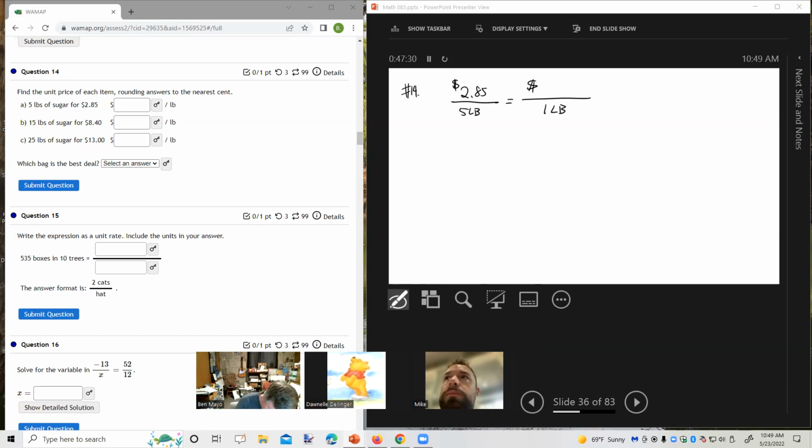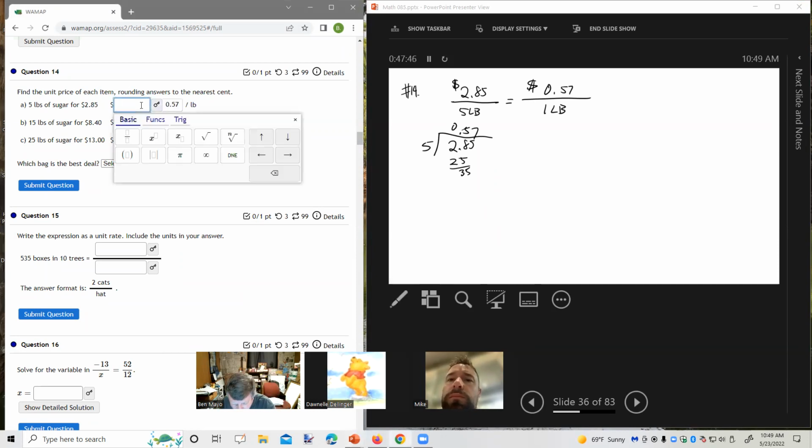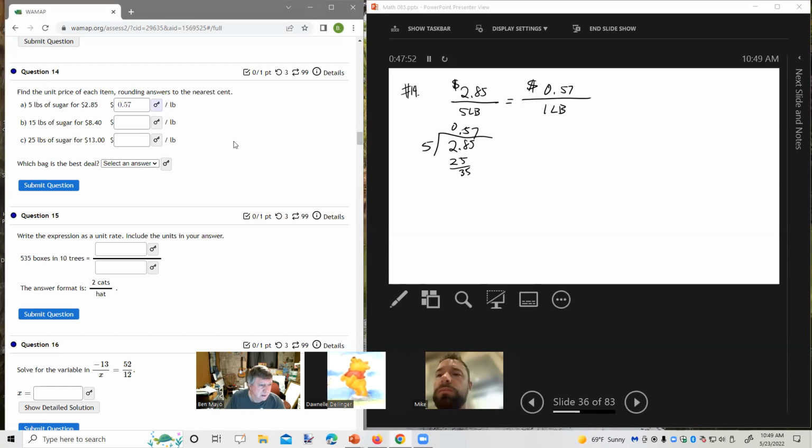If I take 2.85 divided by 5, I get a 5 and a 7. So that first one is going to be 0.57.